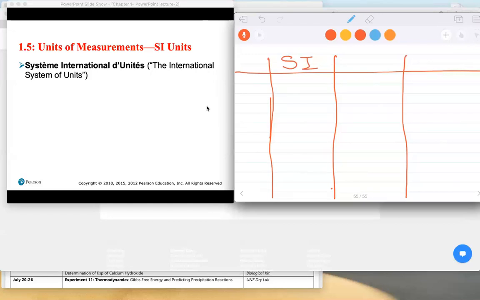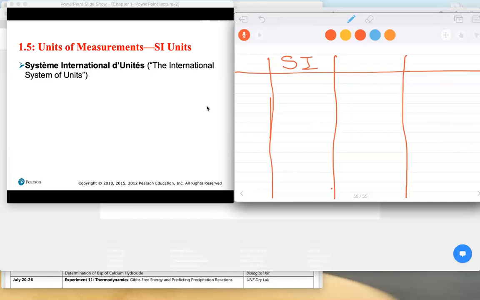How did we end up with these SI units? Before, people used to do business in a way that could make sense. For example, somebody says, how tall are you? Some people might say 5'10" or 6'1", that means 6 feet, 1 inch. How did we end up with a foot?